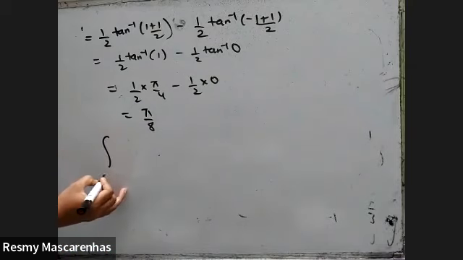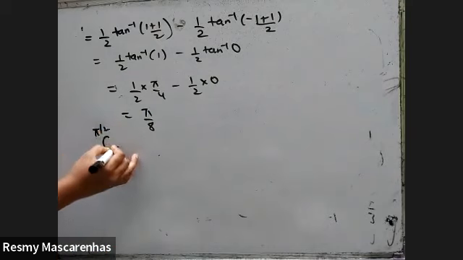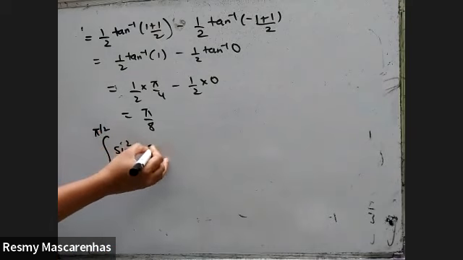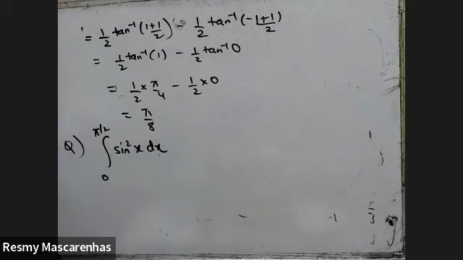Next one, the integral from 0 to pi by 2 of sin square x. This is a square of a trigonometric function. Initially, in the first class or maybe the second, I did this.